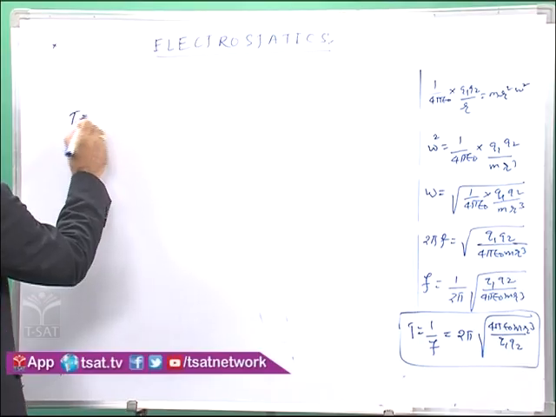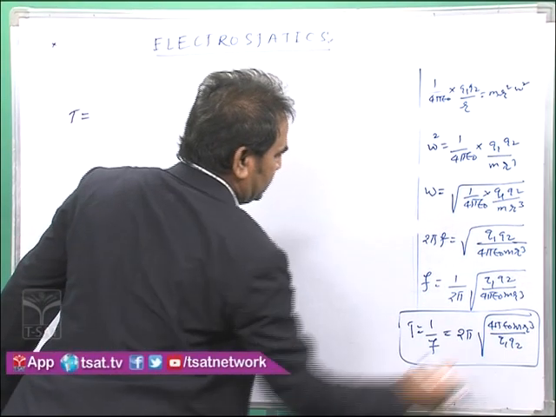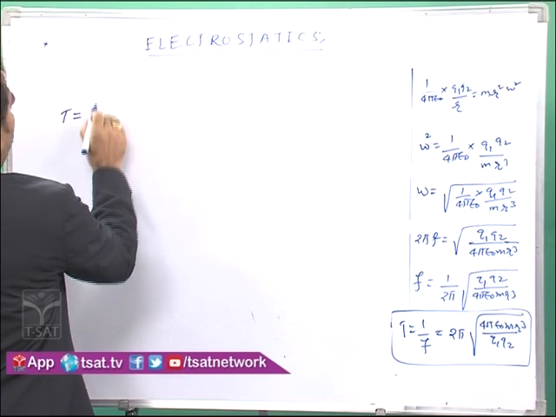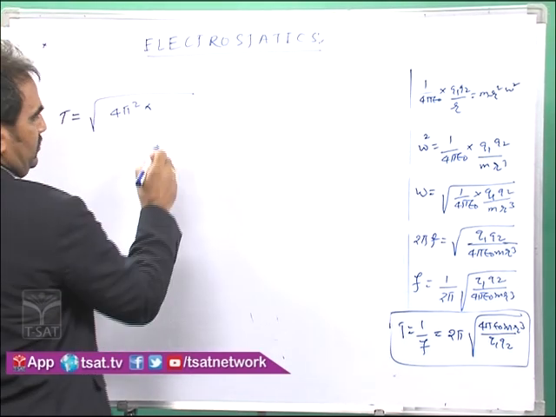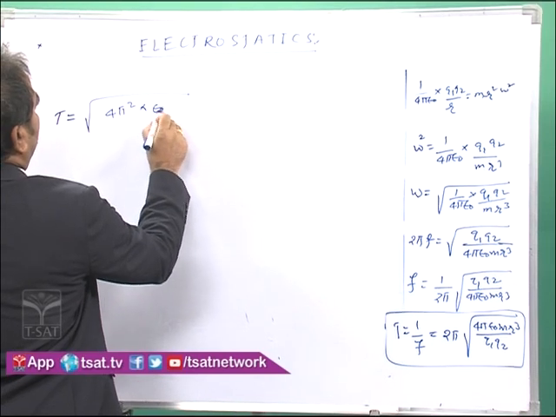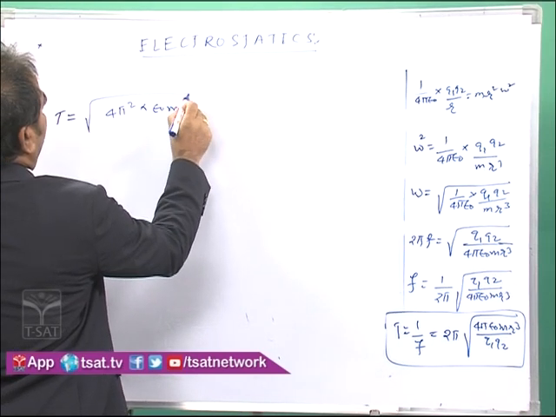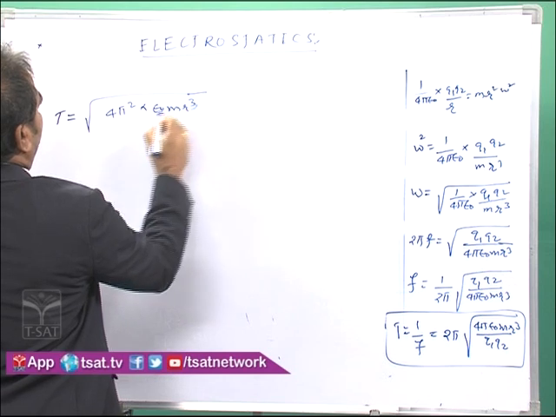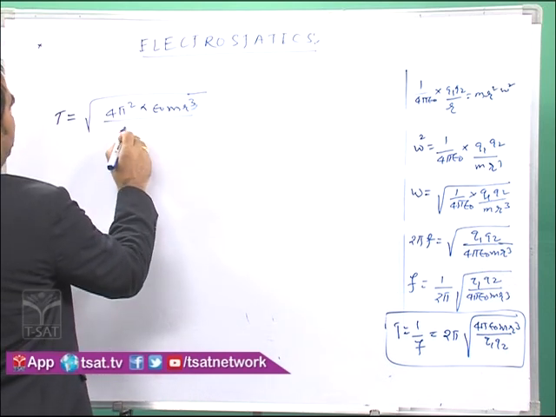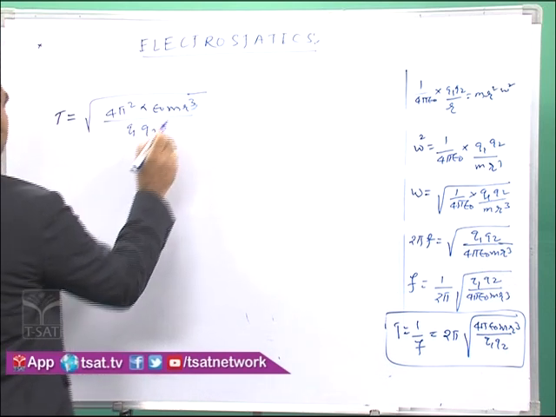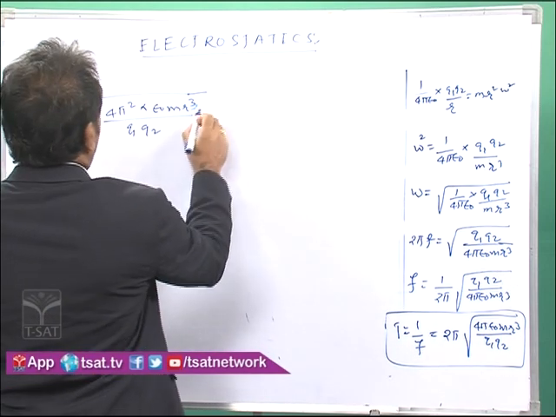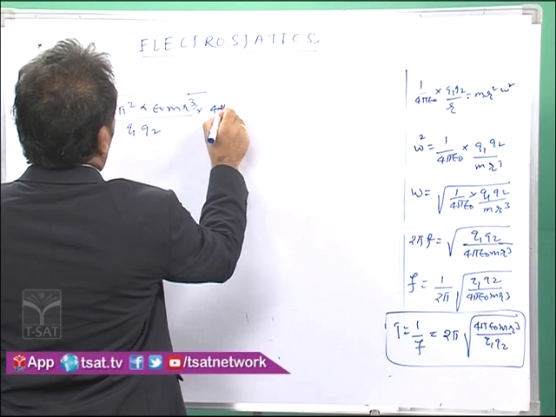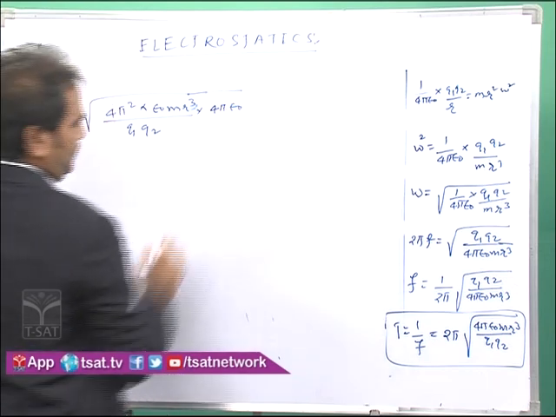T is equal to, this 2 pi is taken inside, then it will become root over 4 pi square into epsilon naught m r cube upon q1 into q2 into 4 pi epsilon naught upon 4 pi epsilon naught.